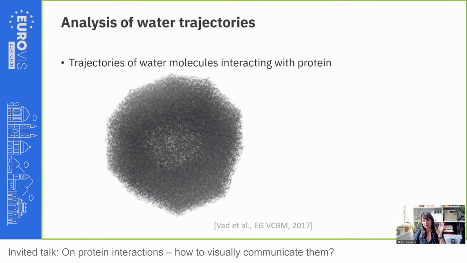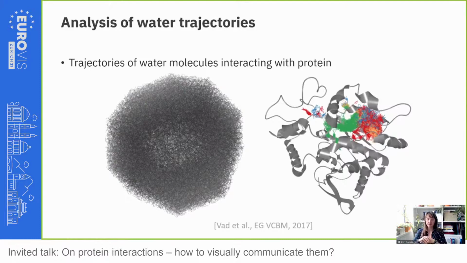So only for a small subset of the molecular dynamics simulations, when we were taking all the water trajectories, then we ended up with such a hairball, which is visible here, and even inside is a protein which is completely invisible. So this information is basically useless for the biochemists, and in fact what they were interested in were only those water molecules which are somehow interacting with the inner space of the protein. So only those waters which are entering the inner protein space should be tracked and observed.